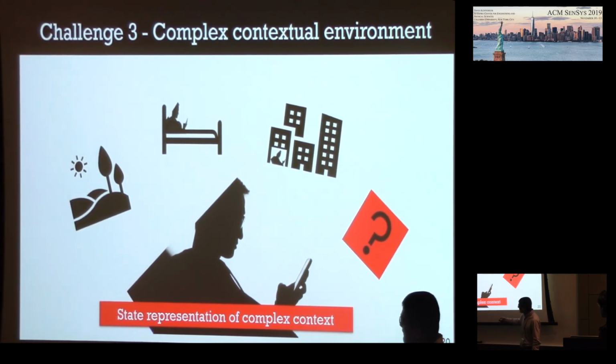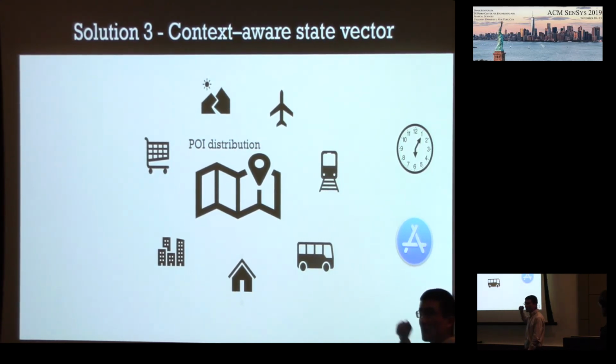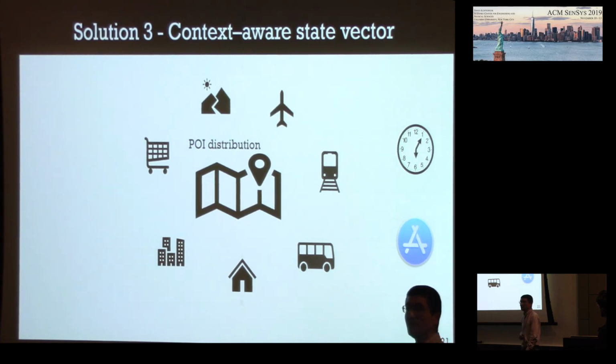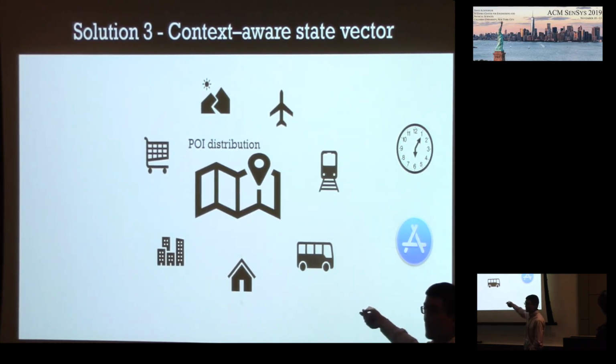So we need to have a state representation method. This is a particular case in our work because we have the cellular data. We know the rough location information of the user as the cell tower's location.